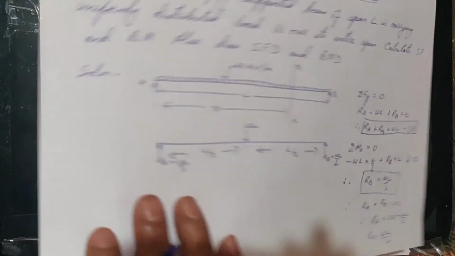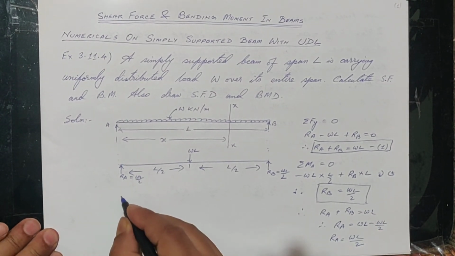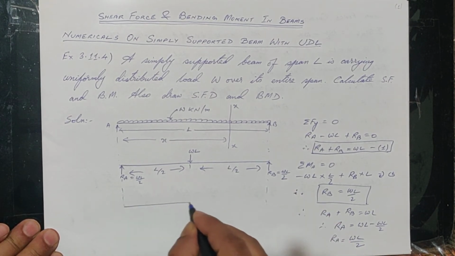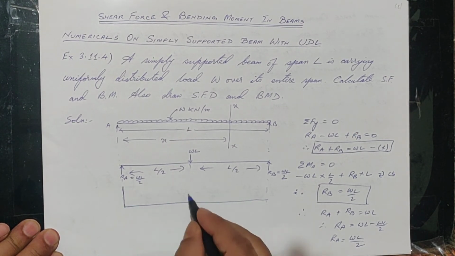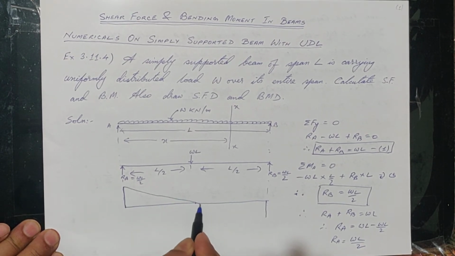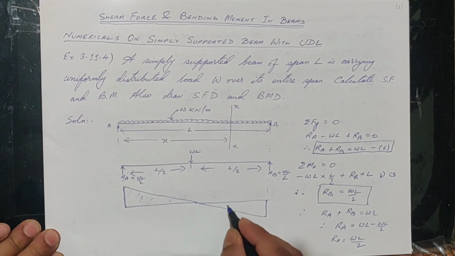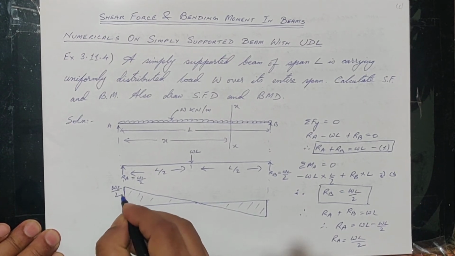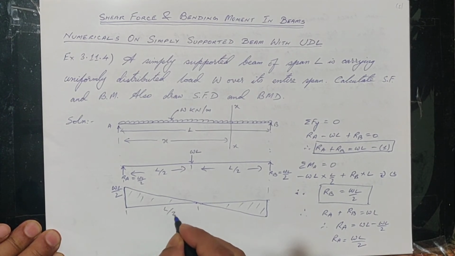Okay. Now we will draw the SF, the BM. Here we have WL by 2 and it will cross over at L by 2.